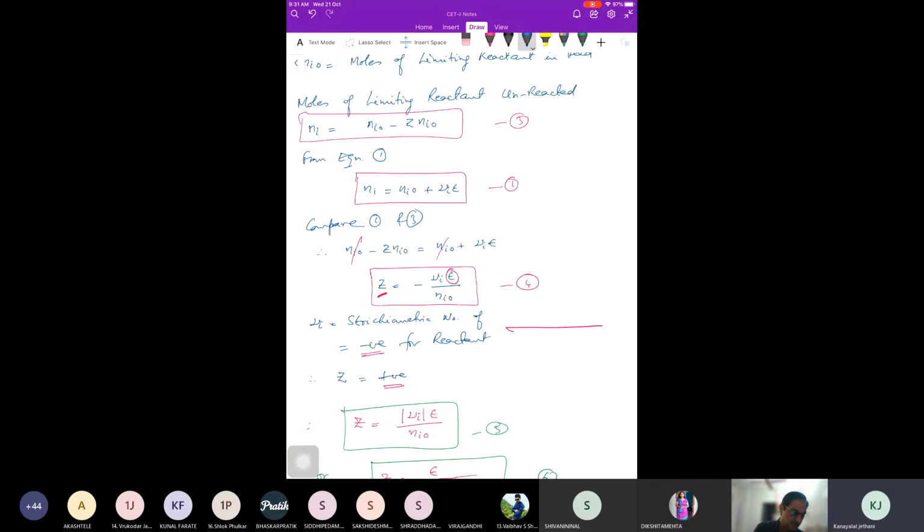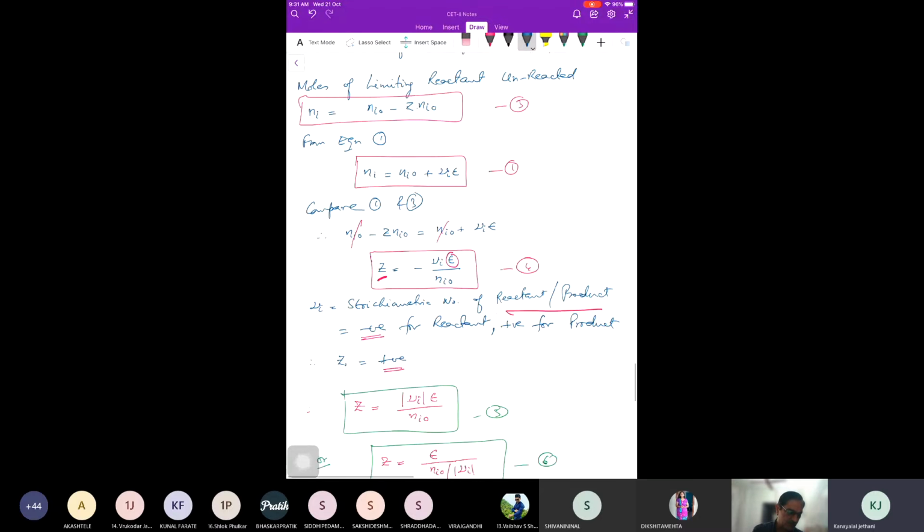Let me say of reactant or product. And you know that nu is negative for reactants and positive for products, right? But you know that z is always positive. Conversion is never going to be negative, right?